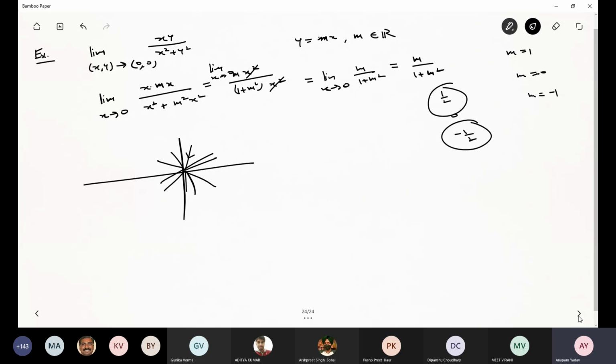So it means LHL is something else, RHL is something else if you try to connect it with the existing idea. It means that this limit is not existing. Okay, so here you should not do like that. Choose path y equals to x, and what you will get is x square upon x square plus x square, which is 1 upon 2.